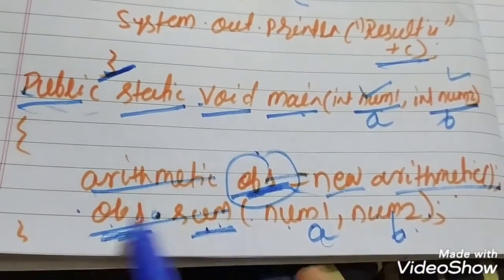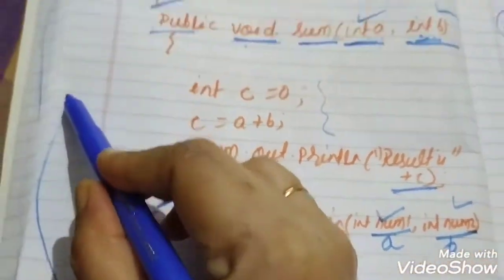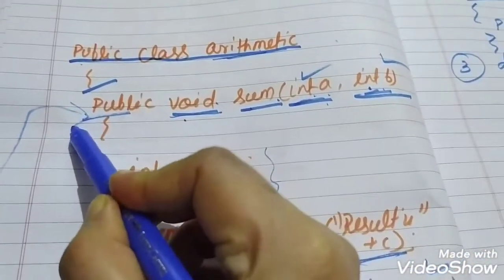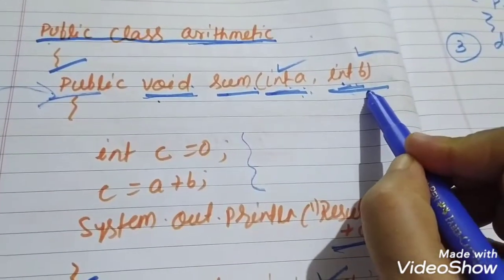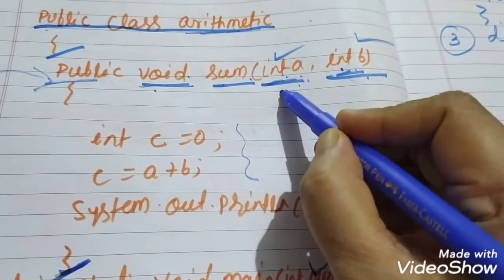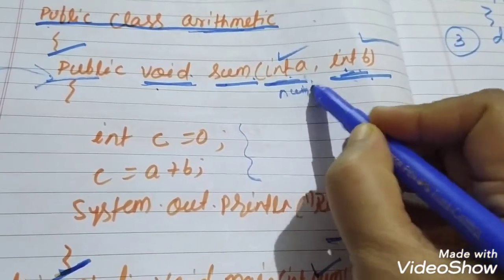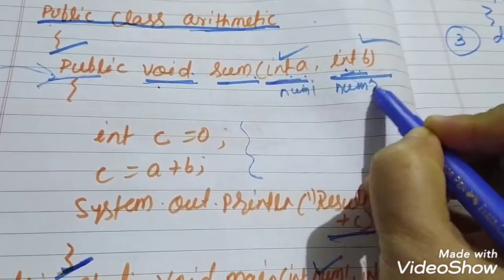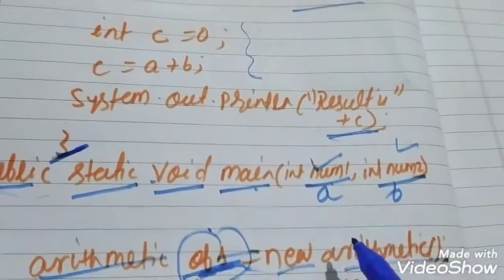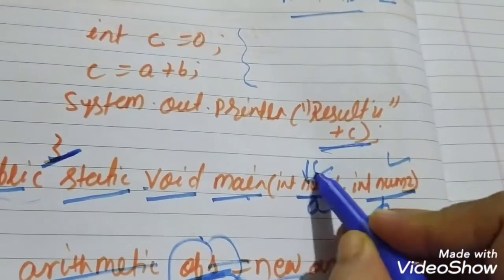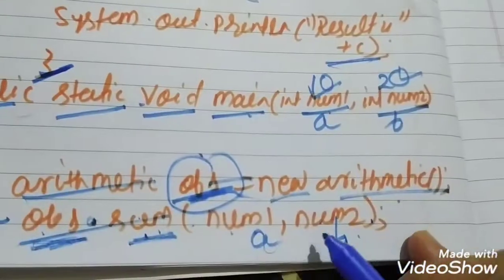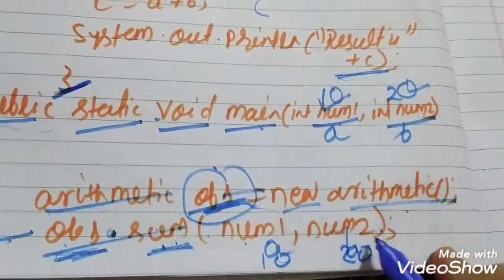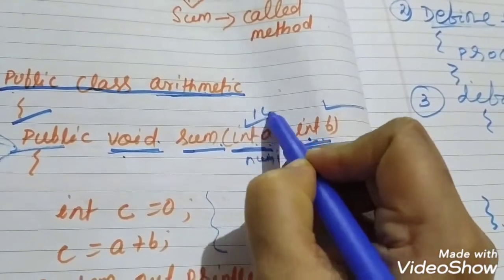Now what happened here? By this line the control searches for the method procedure and reaches here. The a and b values will be replaced with num1 and num2, whose values will be input by the user. For example, suppose you input 10 and 20. This 10 and 20 goes here, and here it will be 10 and 20.